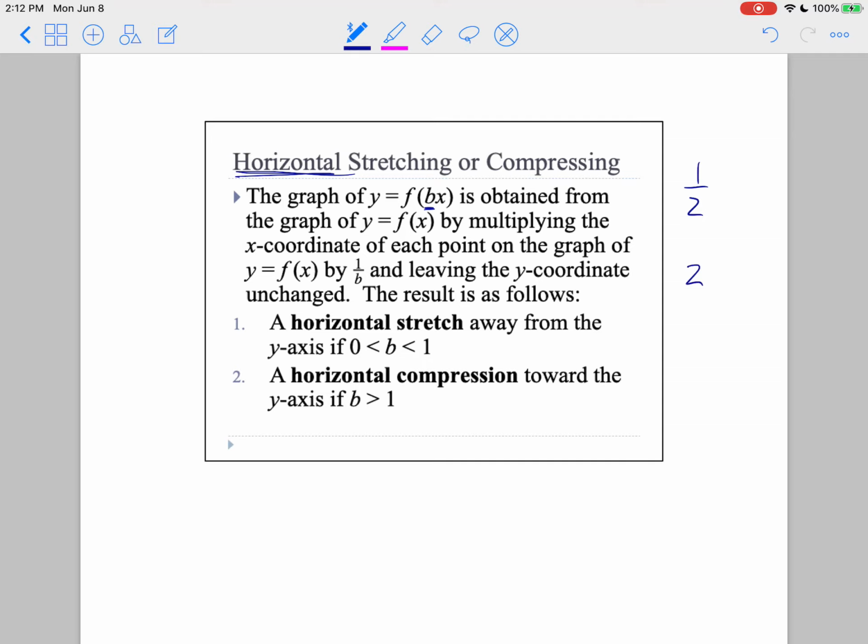And so if I'm between 0 and 1, it's actually a stretch because I'm multiplying by the reciprocal. And if I have something bigger than 1, like a 2 inside, it's a horizontal compression because, again, I'm multiplying all my horizontal movements by the reciprocal. And so if there's a 2 inside, I'm multiplying all my horizontal movements by 1/2, which compresses the graph.